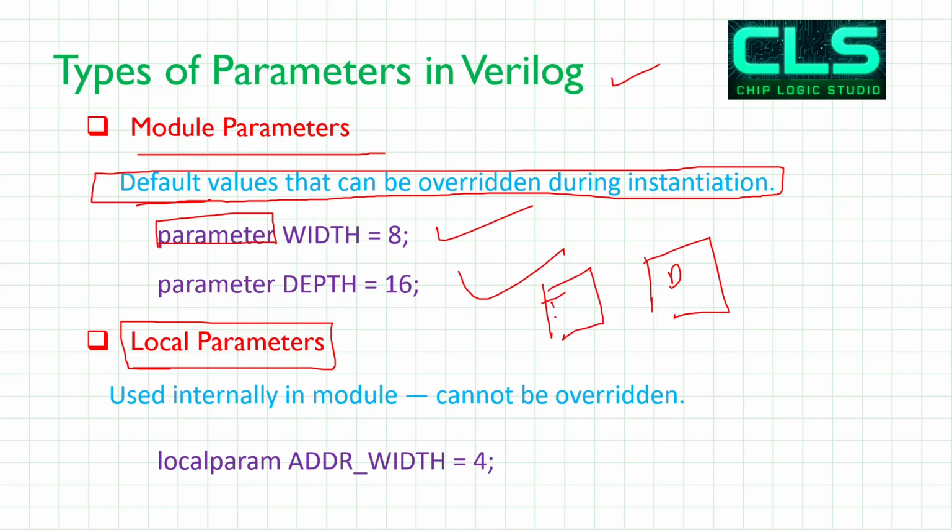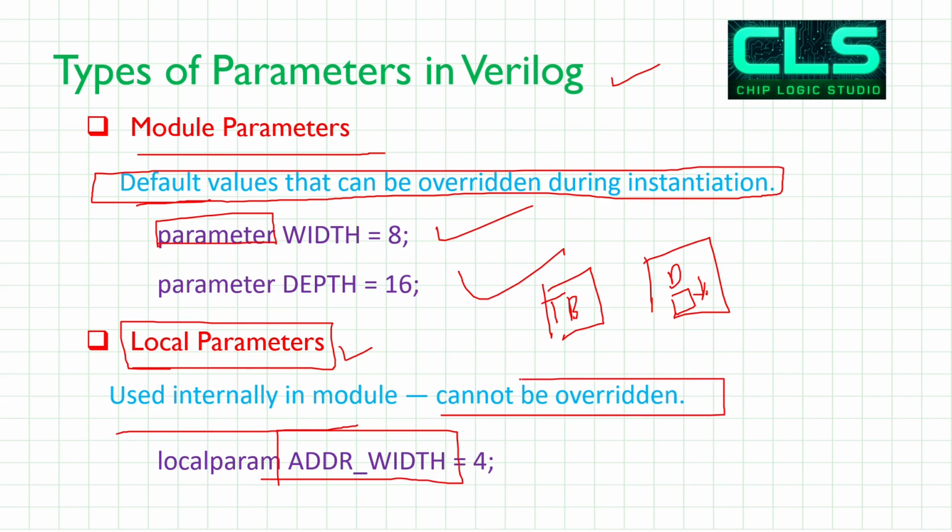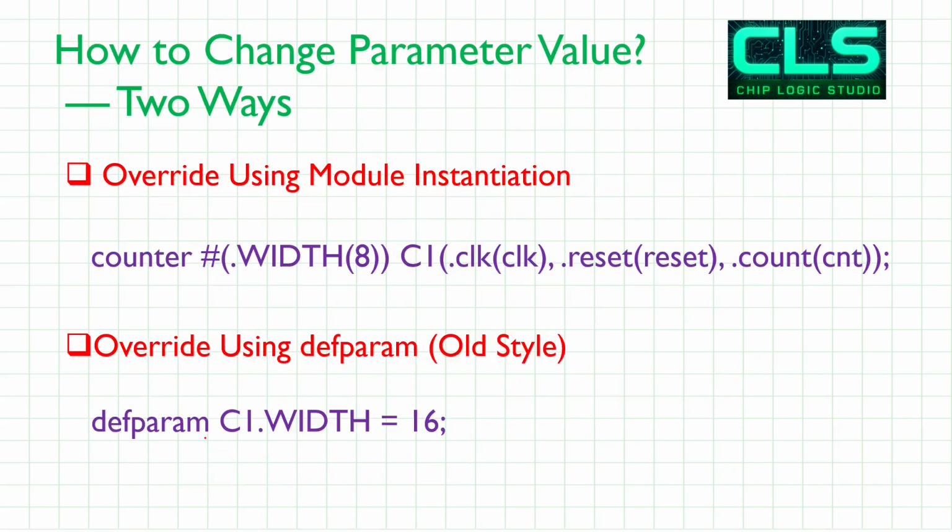The designer says you cannot change this value, so he will use a local parameter, like an adder width. If some adder inside the design should be 4 bits wide and you don't want it changed with the test bench, we use local parameters. Usually these are internal to the module and cannot be overridden, so you use localparam as the keyword. These two types are there.